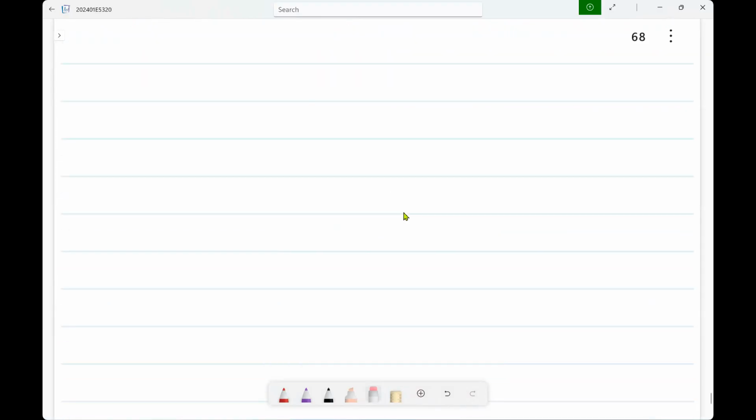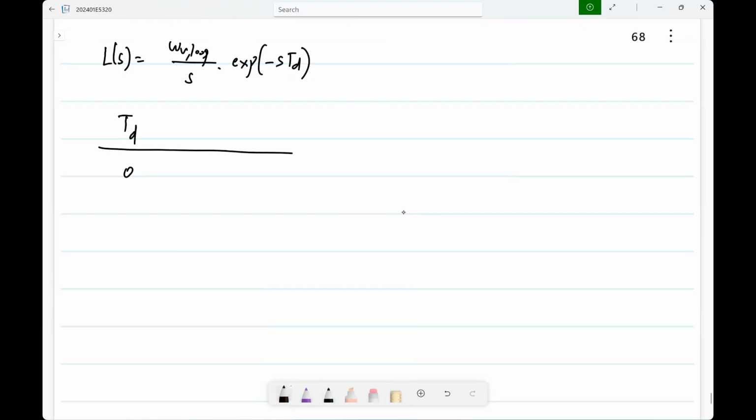Now, when the loop gain L of S is an integrator with an ideal delay, calculate the phase margins. What is the phase margin when TD is 0?